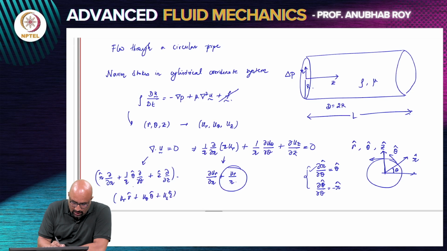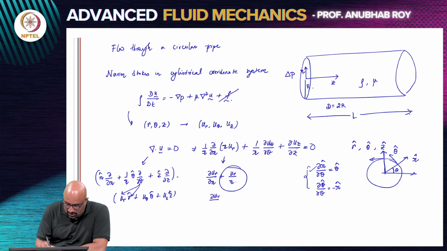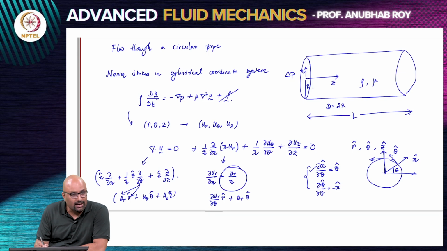So, when you do a ∂θ of ur, you are also going to do a ∂θ of r cap. Now, ∂θ of ur is going to give you a term that is ∂ur/∂θ r cap, but then ∂θ of r cap will give you a term that is ur θ cap.